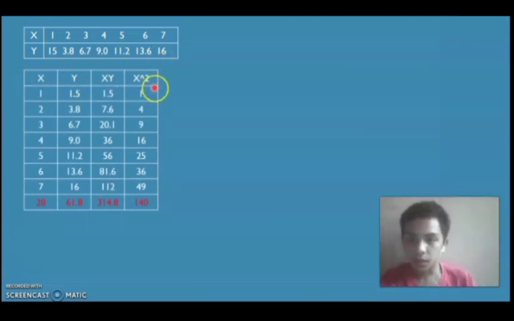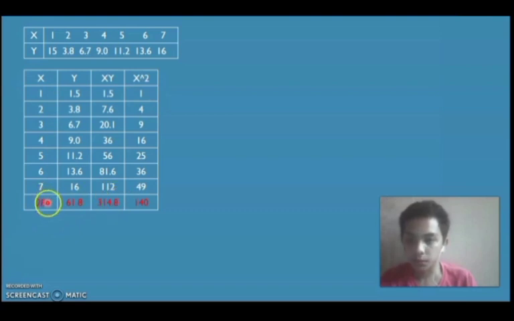You have here the table for the x value and the y value, and the x squared. It's just like what we did earlier. This is also the product of x and y, multiplying the x value by the y value. And here is the x squared. It is done by multiplying the x value by itself.